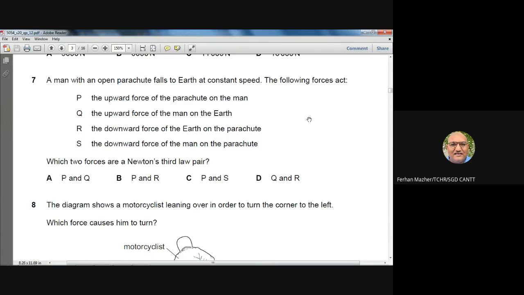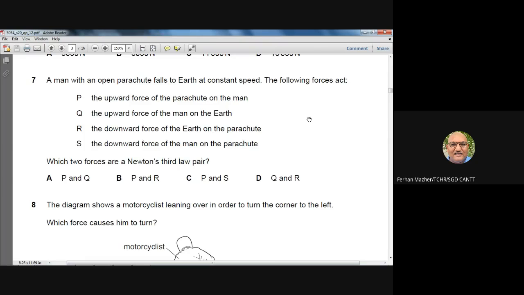They can be the pair of Newton's third law. So which two forces are a Newton's third law pair, where both the names are the same? The upward force of the parachute on the man, the downward force of the man on the parachute. So P and S.